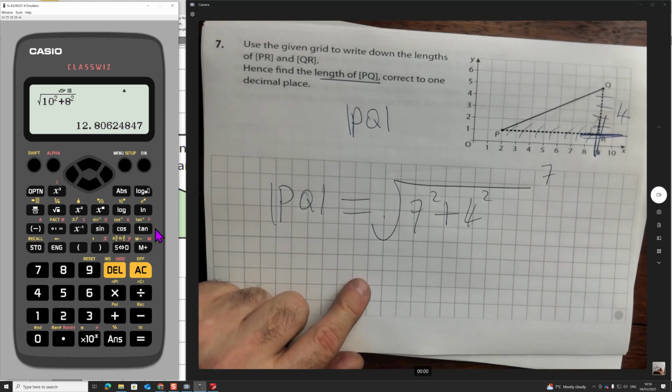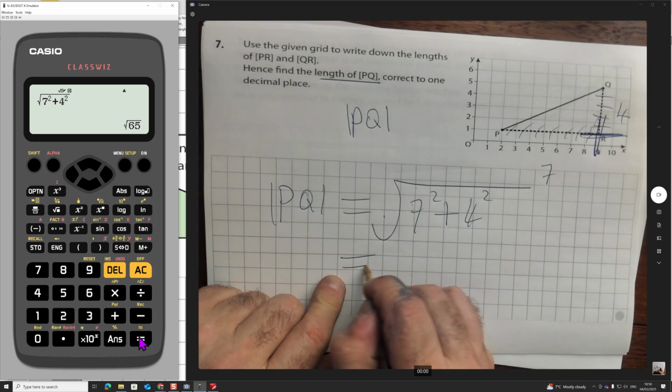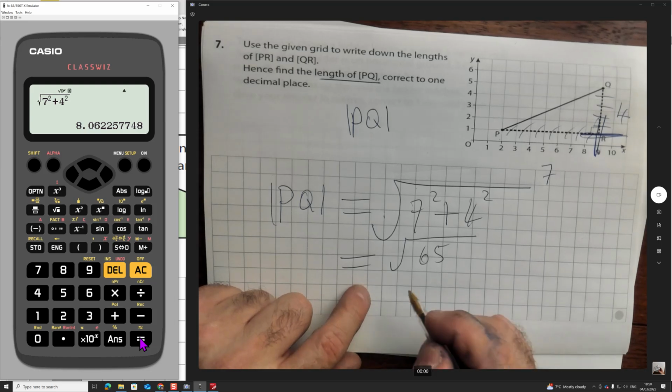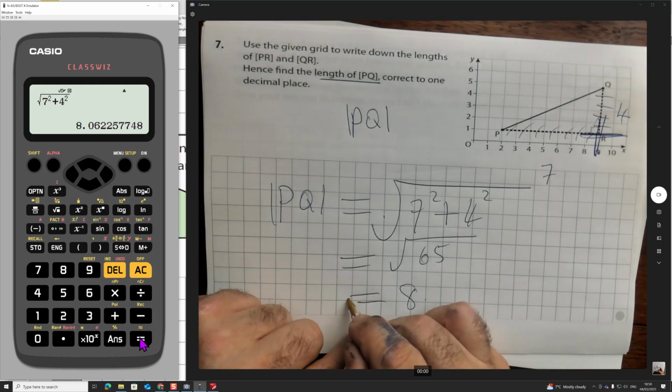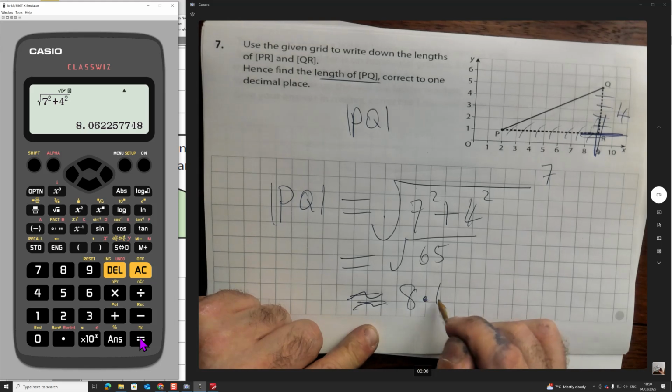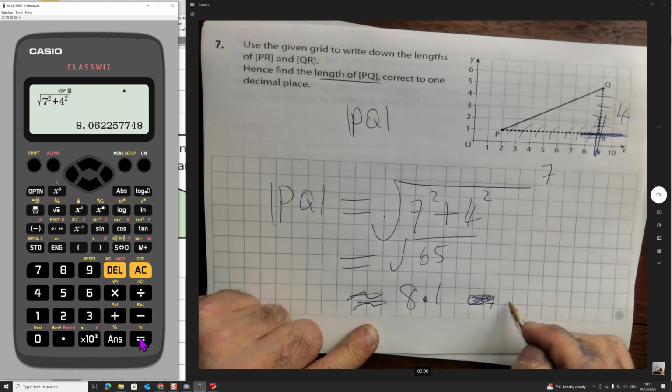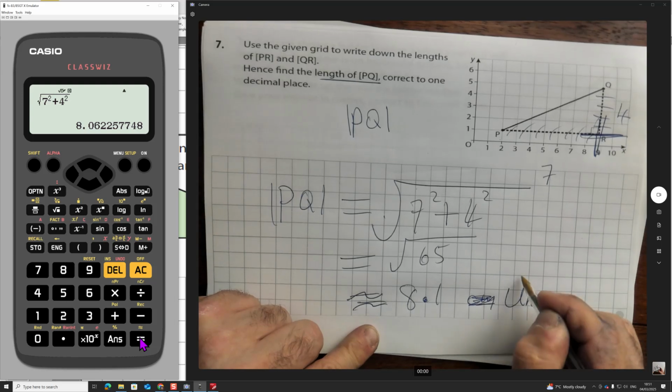It's calculator time now. Square root, it's equals first, it's shift equals second, look for 8.1, is approximately 8.1, not centimeters, units.